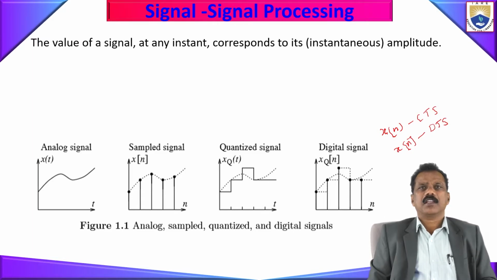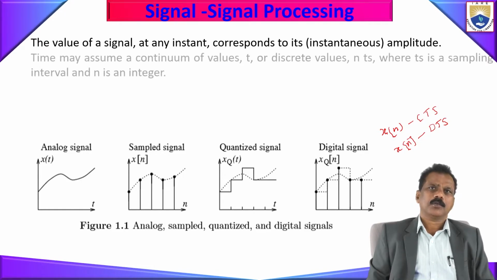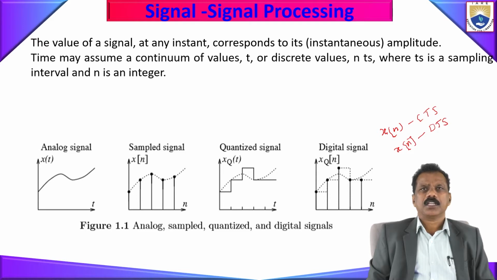The value of the signal at any instant corresponds to its instantaneous amplitude. Time may assume a continuum of values, either t, or discrete values n times ts, where ts is the sampling interval and n is an integer.